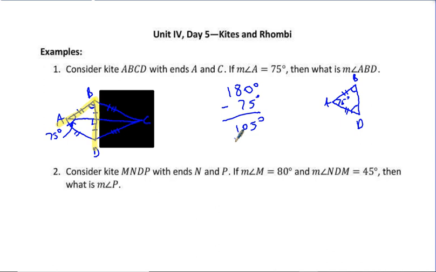So I'll take the 105 degree sum of angle B and D, divide that by 2, and get 52.5 degrees for the measure of each of those angles. Now I can answer my question. The measure of angle ABD specifically, this one that I highlighted originally, is 52.5 degrees.